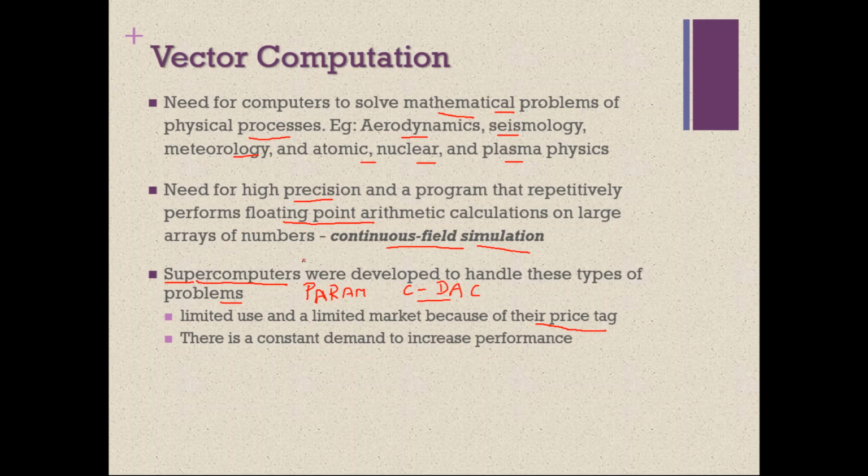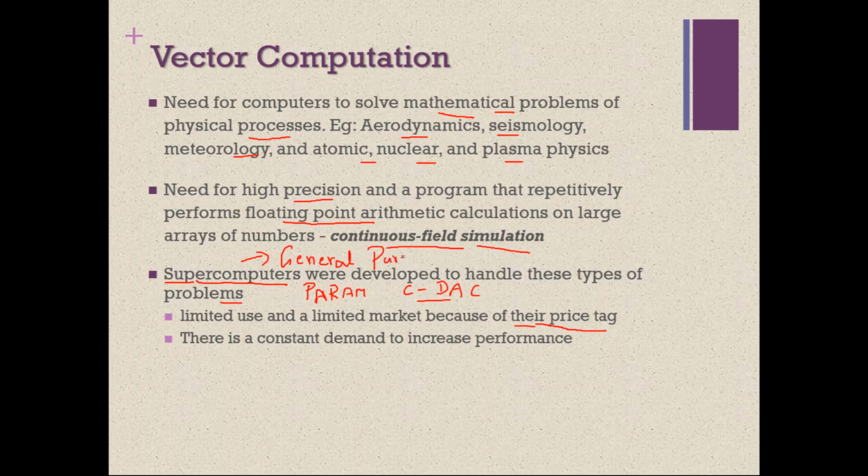Of course, a supercomputer can do these calculations, but its cost is a primary concern. Another reason is that supercomputers are not designed only for parallel vector computation. A supercomputer is a general purpose computer, that is, it can perform any task.